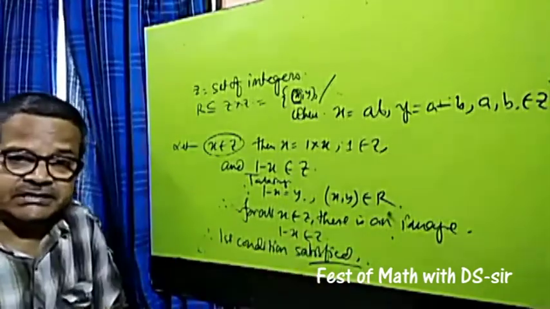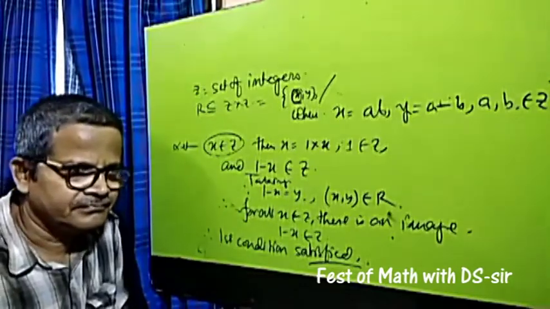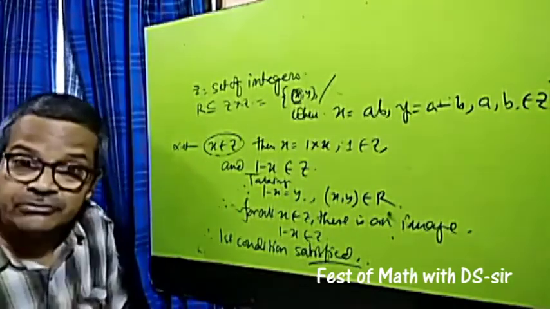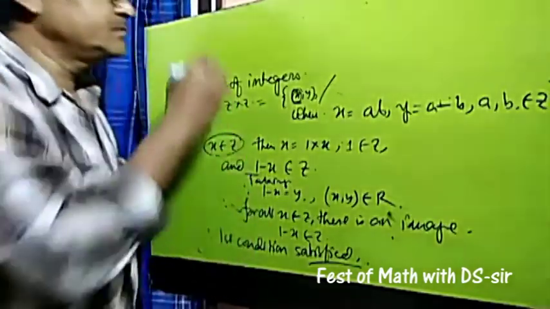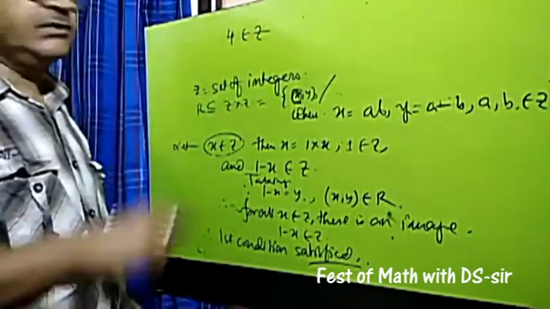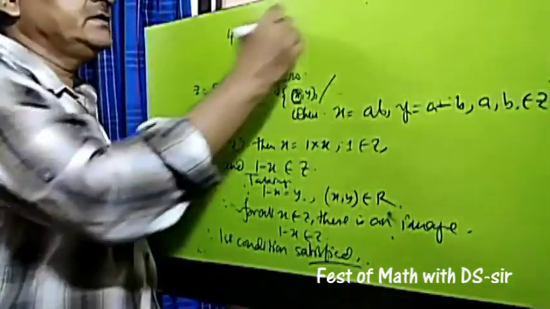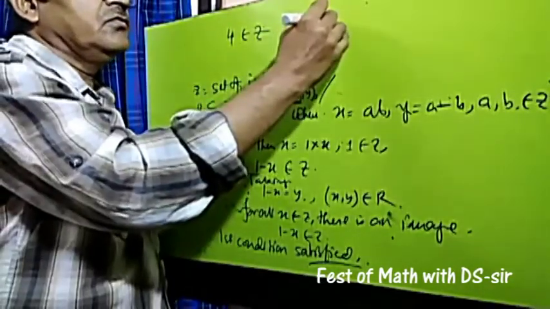Now the question is whether this image is unique or not. Now come to the example. 4 belongs to Z. Now see, 4 is equal to 1 into 4.